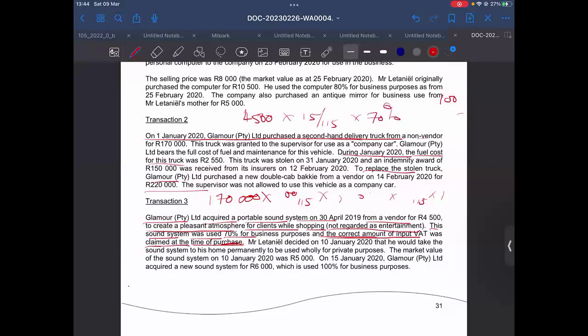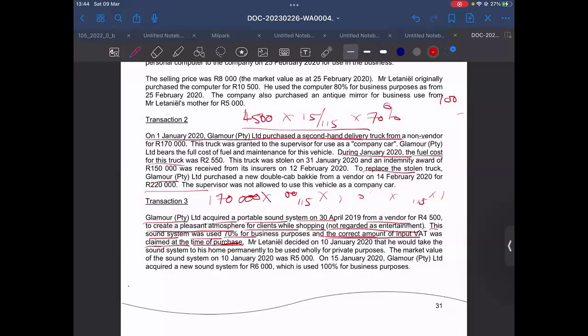Input VAT, we claim it to the extent of making taxable supplies. So the business here is making 70% taxable supply, or they are saying the asset was used 70% for business purposes. The private use, no input VAT on it. Right, let's pause there. So there's no need for us to calculate it because they are saying it was correctly calculated.